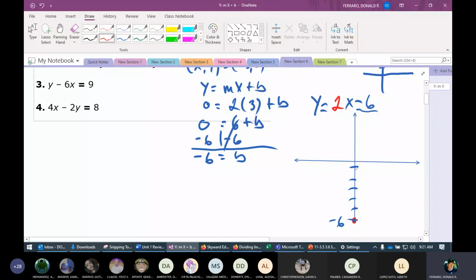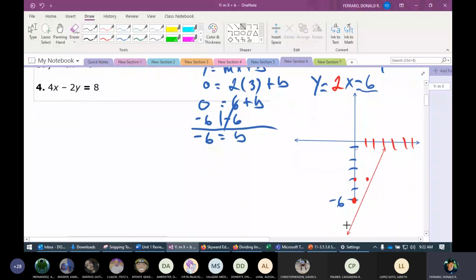So I'm going to go up 2 and over 1. My second point is going to be right there. I went up 2, I rose 2, and my run was 1. Now I never do this well, but I'll see if I can connect these points.